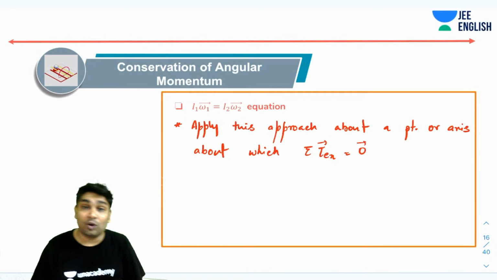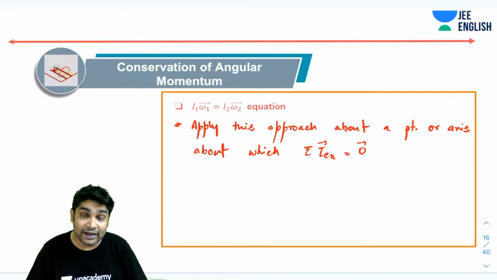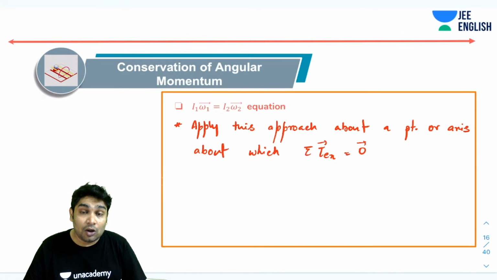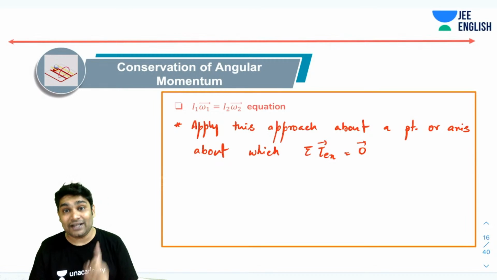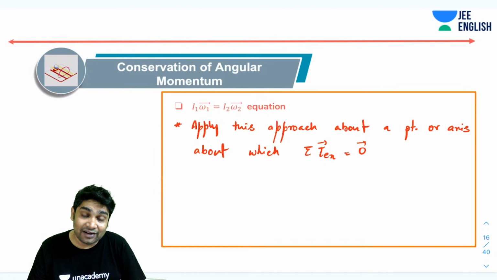Please remember, you do not apply the conservation of angular momentum about any axis or any point. You will need to check first whether about that point or axis the external torque is 0. Yes, if the external torque is 0, then you know that the angular momentum will remain conserved.